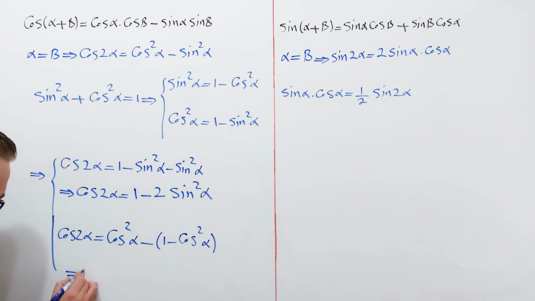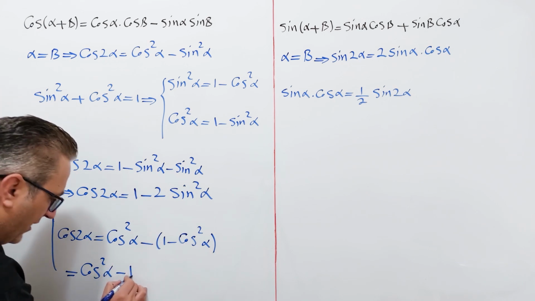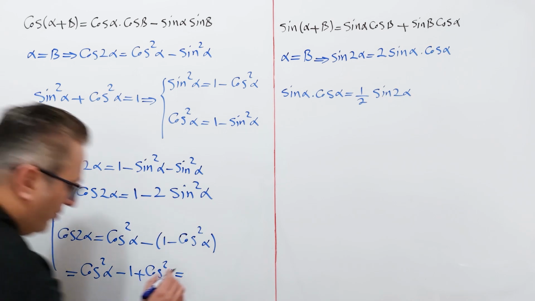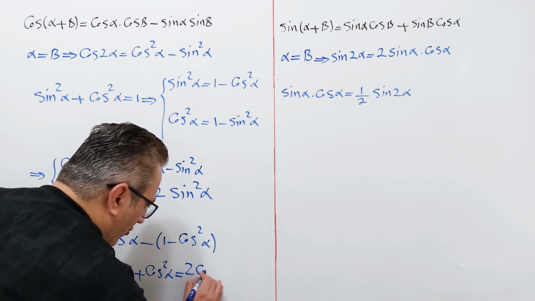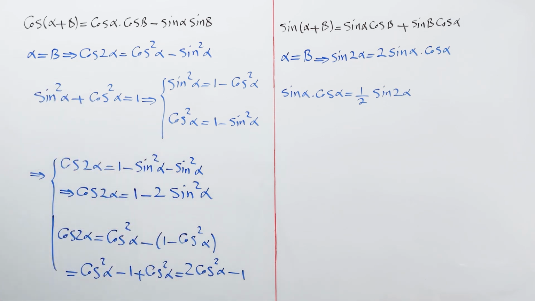So we have cosine squared alpha minus 1 plus cosine squared alpha. So we have 2 cosine squared alpha minus 1.